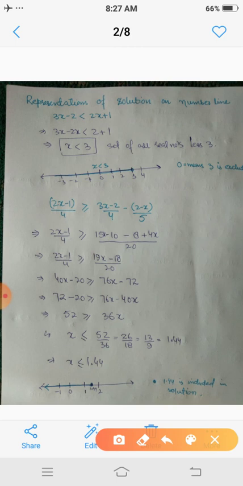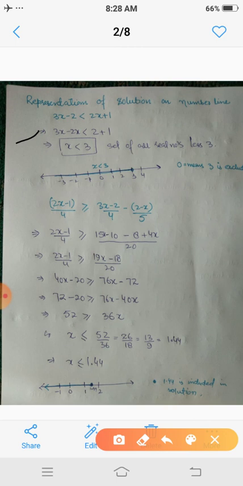Now if we consider the inequality 3x - 2 < 2x + 1, that is 3x - 2x < 2 + 1, which is x < 3. So this means that the set of all real numbers which are less than 3 is the solution set of this inequality.